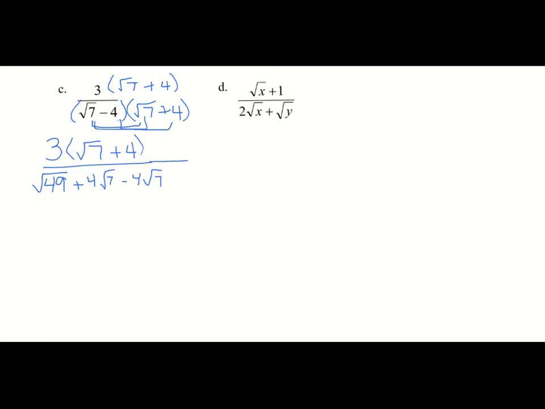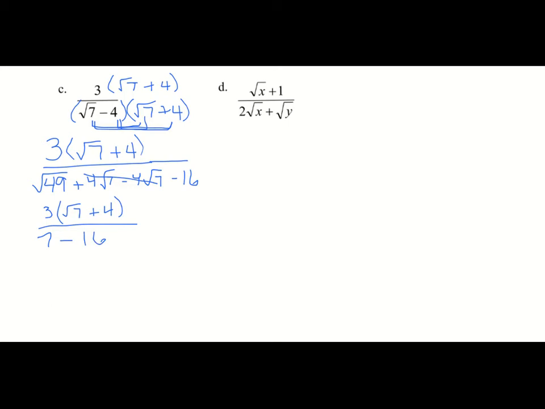And then when we do our last terms, it will be a negative 16. When I go to simplify, I'm going to have 3 times the square root of 7 plus 4 over the square root of 49 is 7. My middle terms, which is what you want because that's where the radicals are, will cancel out. And then I'll have minus 16.